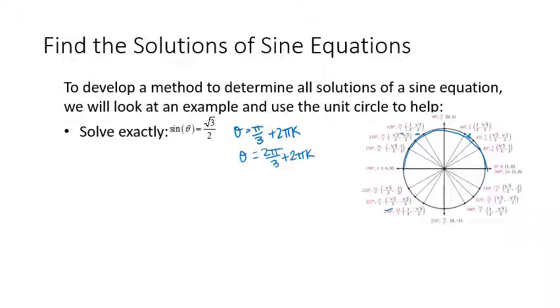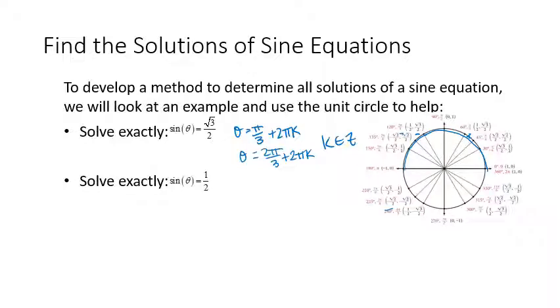Now notice we could take that pi, subtract the pi over 3 from it, and we'd get the 2 pi over 3. So whenever you're doing this with sine, you can just find one of the angles and then take pi, subtract that from there, and you'll get the second one. And again, we can say where k is an element of the integers.